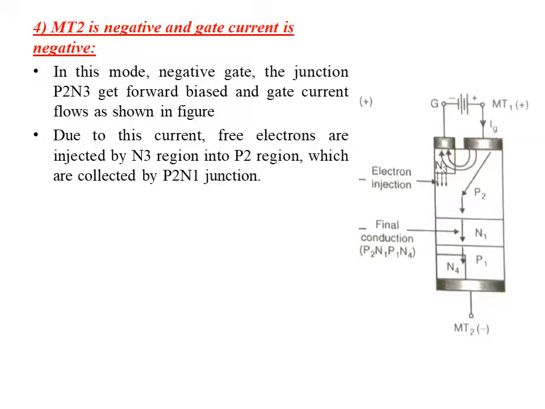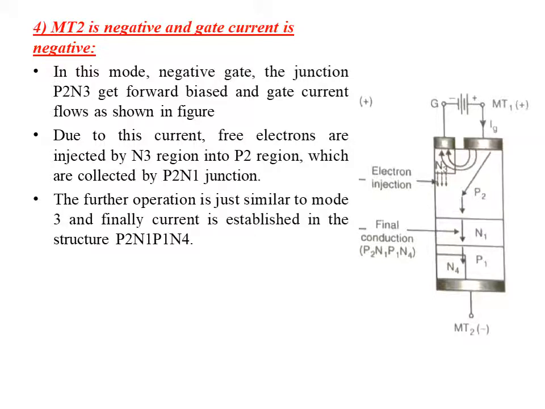Due to this current, free electrons are injected by the N3 region into the P2 region, which are collected by the junction P2 N1. Further operation is just similar to mode 3, and finally the current is established in the structure P2, N1, P1 and N4.